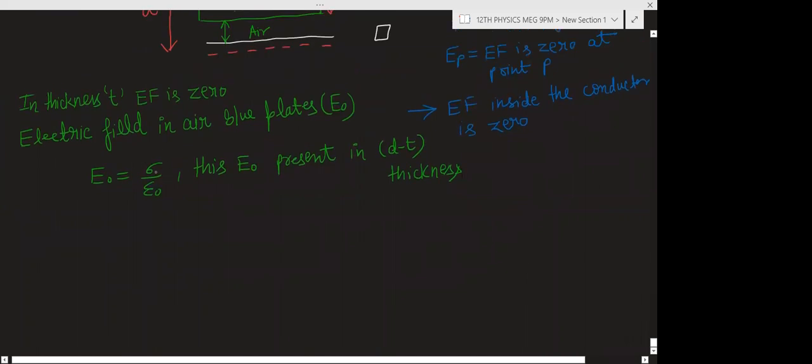Now this is sigma. Sigma is known as surface charge density, and sigma is given by charge divided by area.